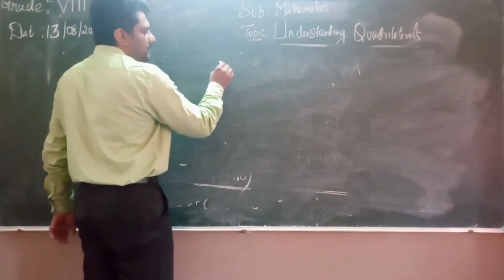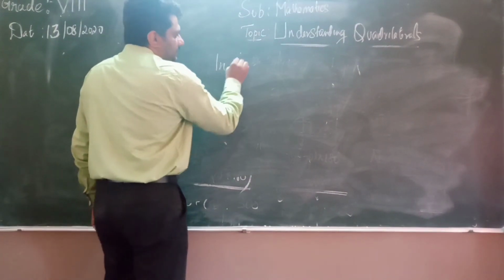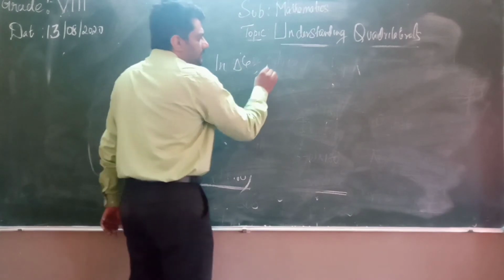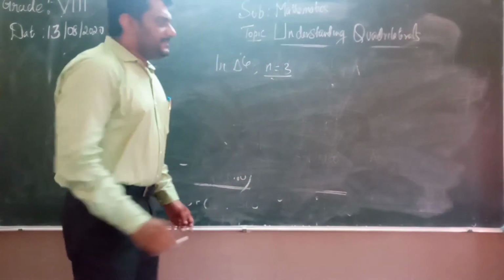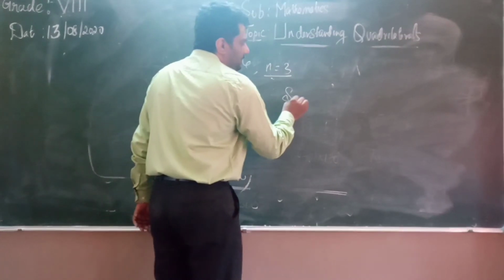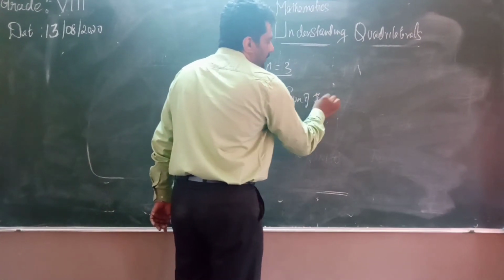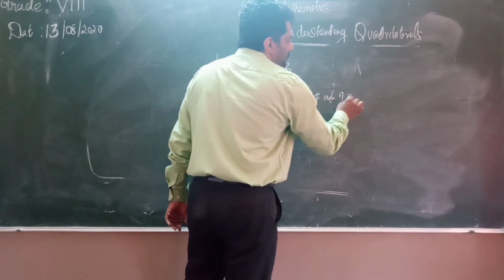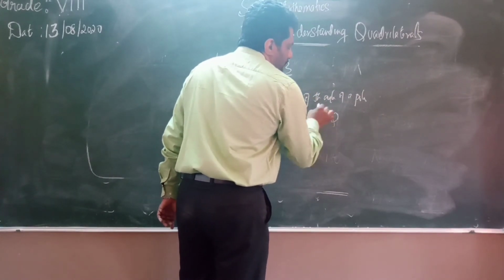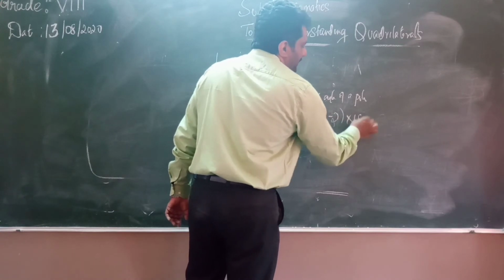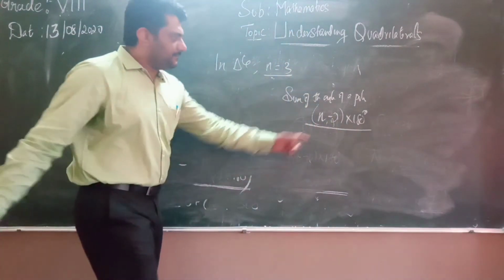Now here, in a triangle, what is the number of sides? 3, right? Now what is the sum of the angles of a polygon? Sum of the angles of a polygon is n minus 2 into 180 degrees. This is the formula.